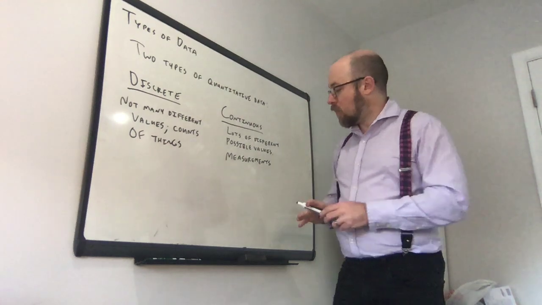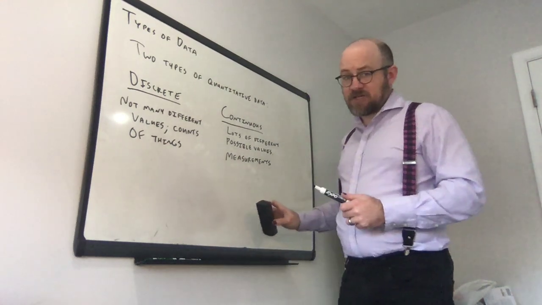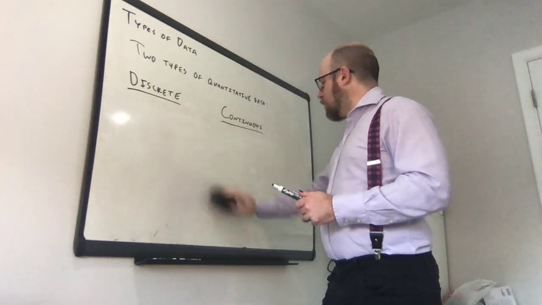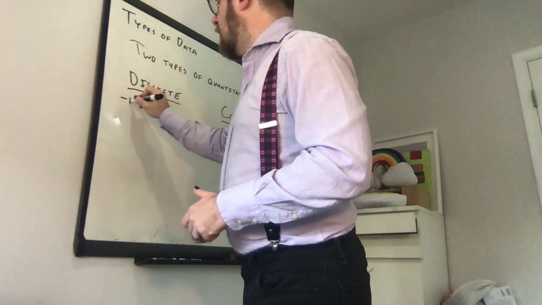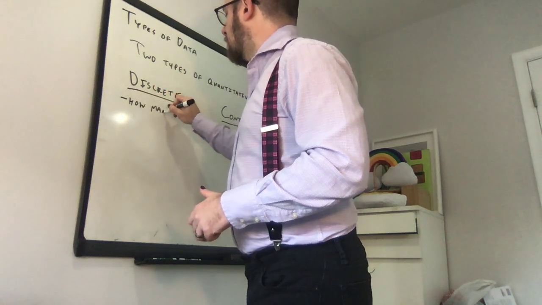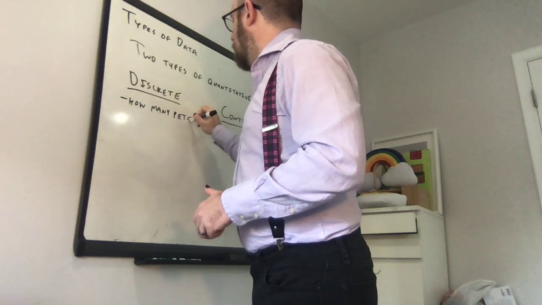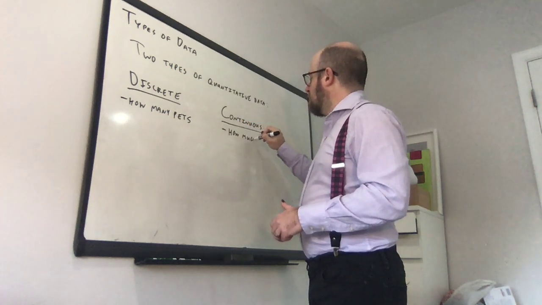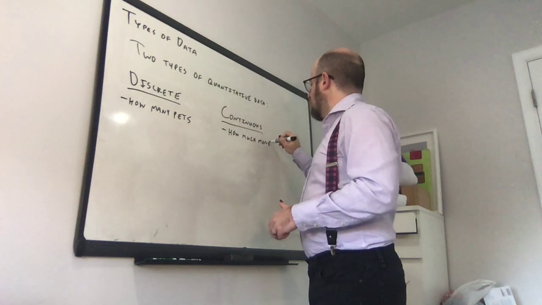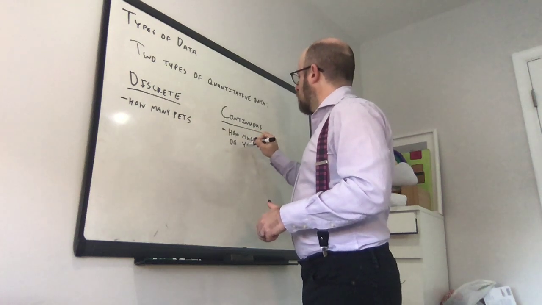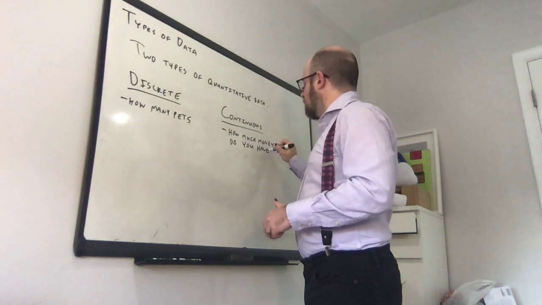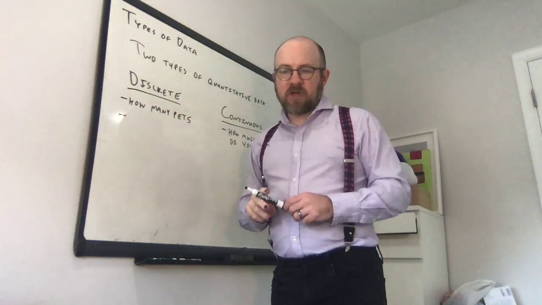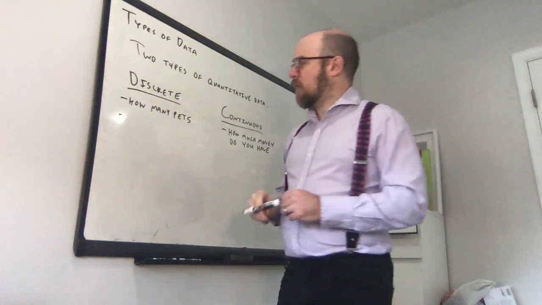Okay, so let me just give you a few examples of each of these. So I already gave you a couple. How many pets is a discrete example. How much money do you have is a continuous example. So what would be another good discrete example?